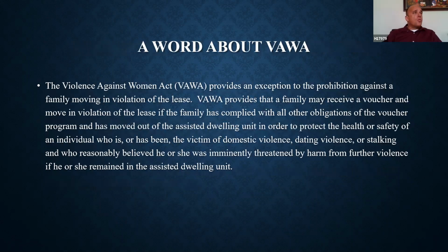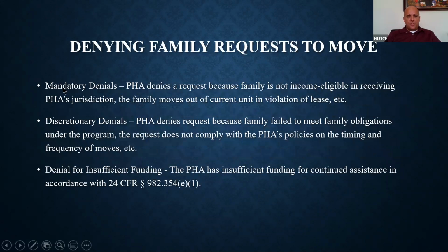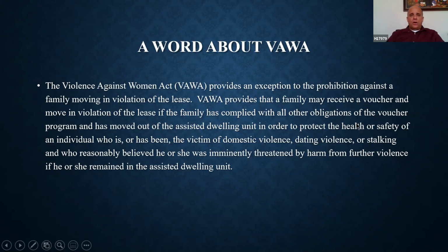I do want to make one word about VAWA. I'm going to back up here real quick. I talked here about mandatory denials, and of course, one is that the family moves out of the current unit in violation of the lease. Under VAWA, there is actually an exception to this.